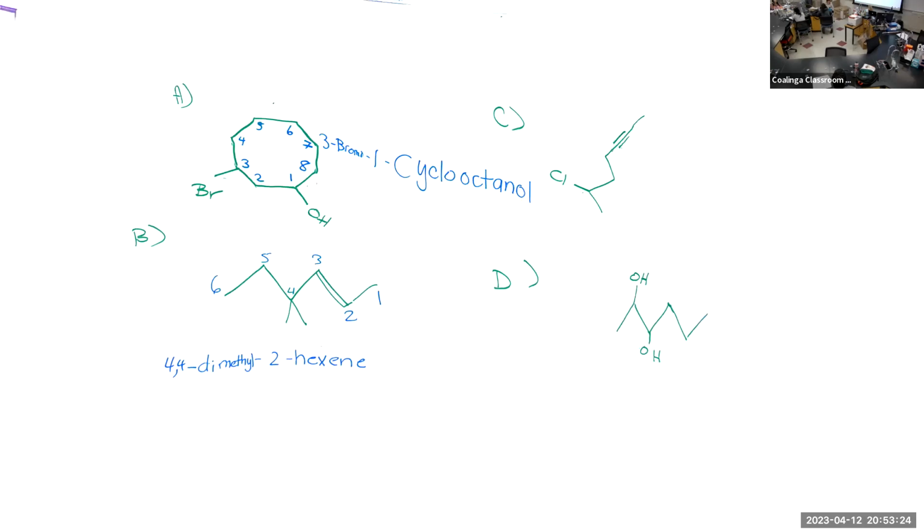C. Where should I start counting from? Okay, a question. Do you want the halogen to have a lower number or the bond to have a lower number? So you want the bond to have a lower number. Okay, so we start at chlorine.